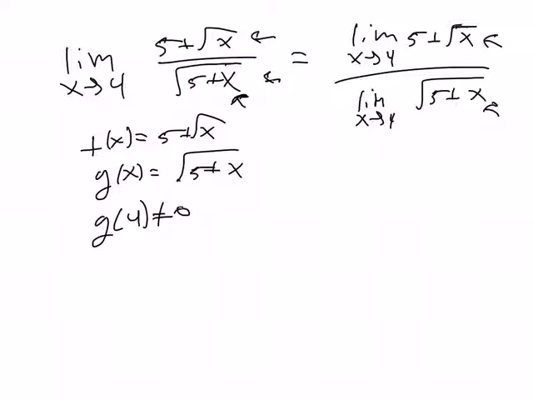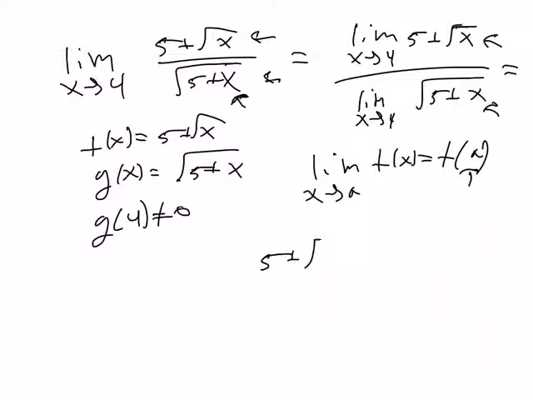So because they're continuous, we can claim that the limit as x approaches a of f of x is equal to f of a. So we can just plug in the 4. So this is equal to 5 plus the square root of 4 over the square root of 5 plus 4. So it's very straightforward.